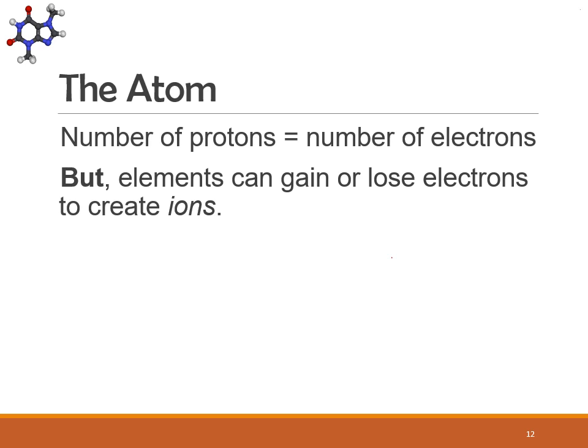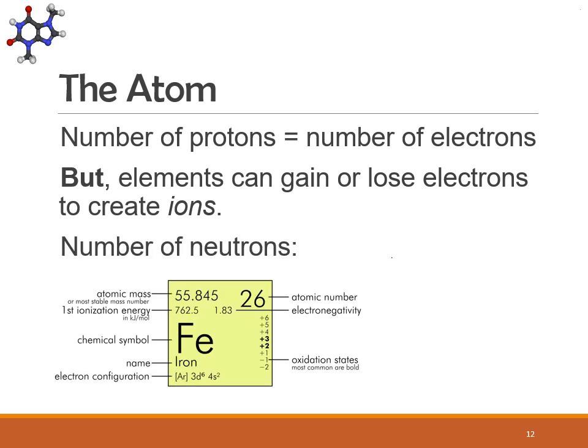How can we determine the number of neutrons in an atom? The number of neutrons is determined by subtracting the number of protons from the atomic mass. Let's take the case of iron as an example. To determine the number of neutrons of iron, we subtract the number of protons from its atomic mass.